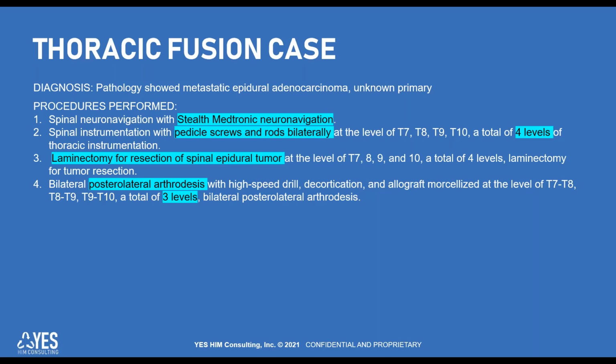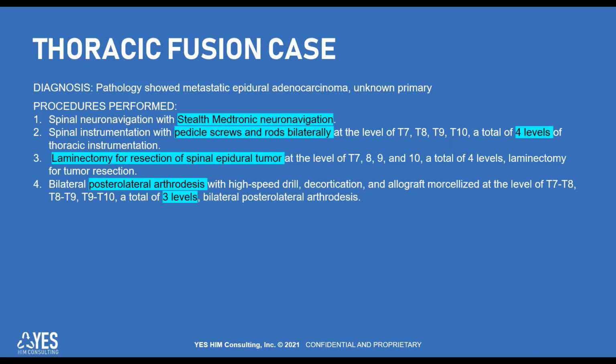So the procedures performed was a spinal neuronavigation with a stealth Medtronic neuronavigation. Spinal instrumentation included pedicle screws and rods bilaterally, and that was at the levels of T7, 8, 9, and 10. And the surgeon was very nice and put what the total of levels would be for that instrumentation.